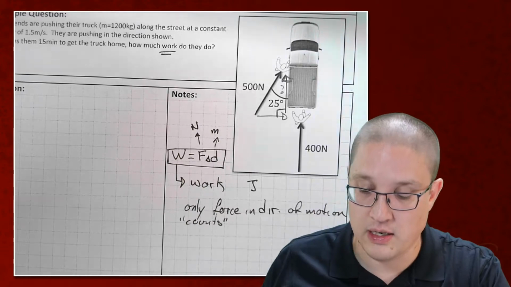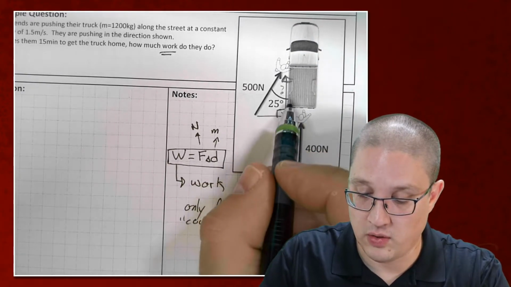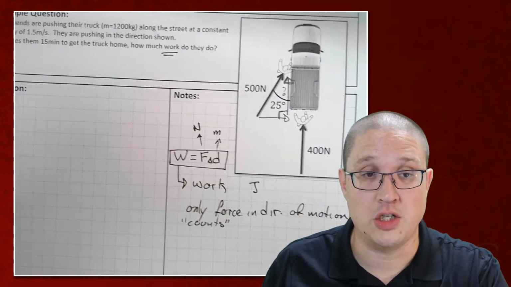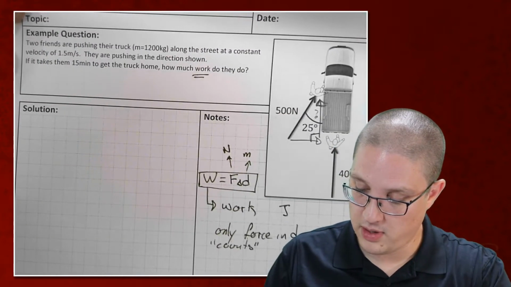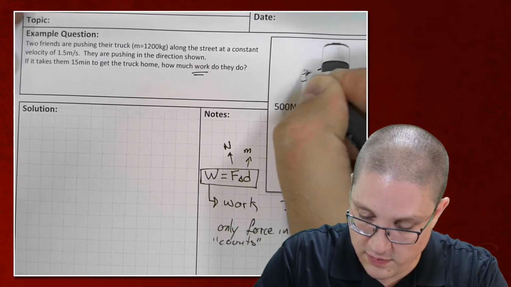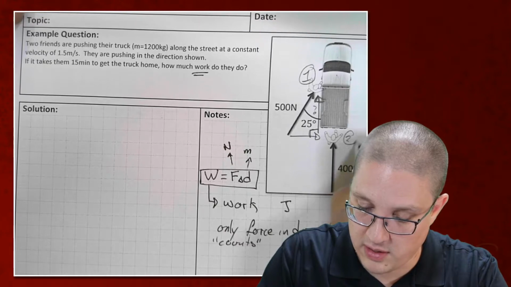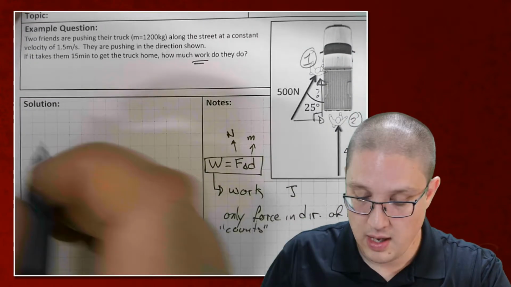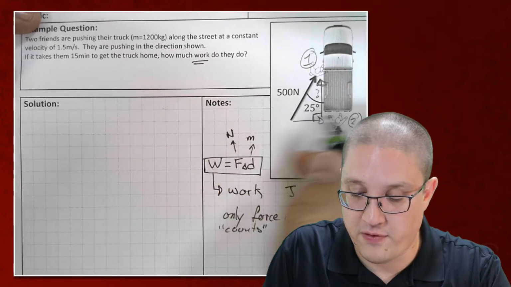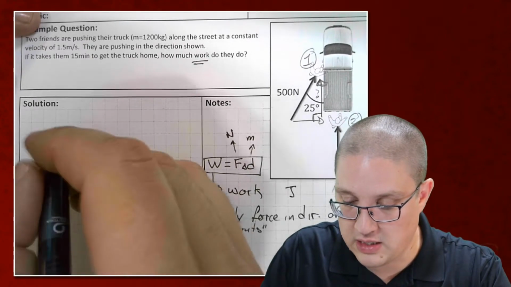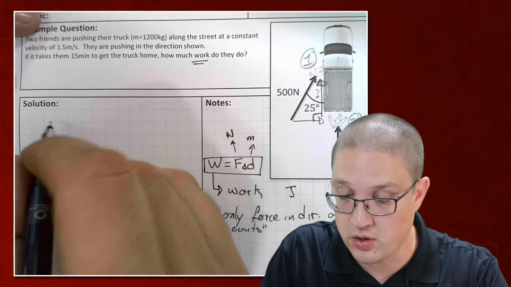I have a handy dandy right angle there, and I've got an angle here. So this is going to be my adjacent. I'm going to call this guy here friend number 1 and friend number 2. So right away, for my first force, I need to find my vertical component.